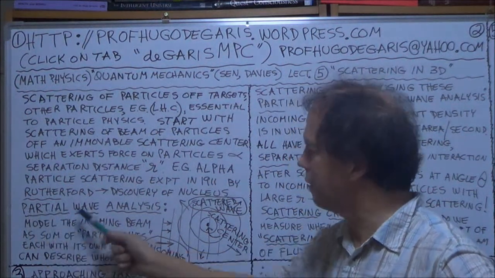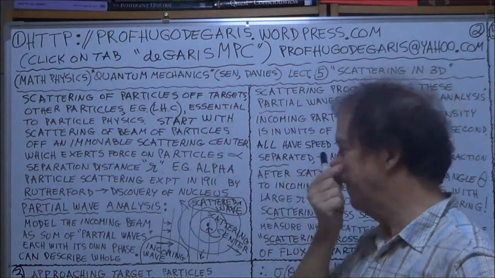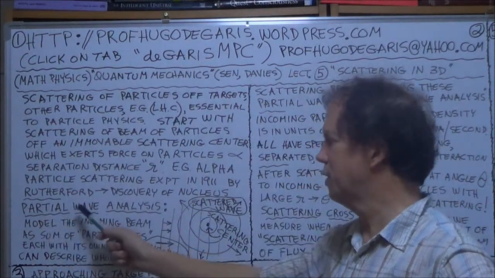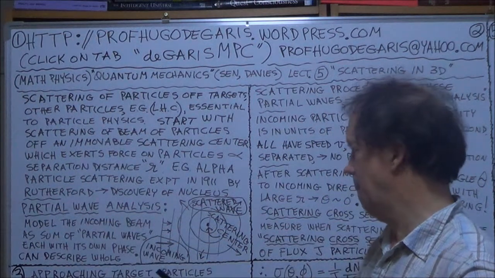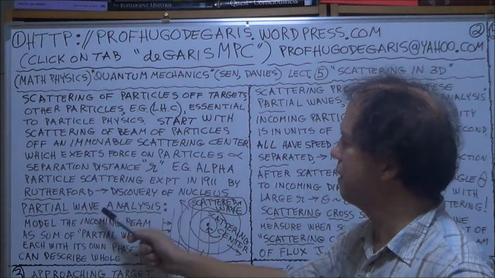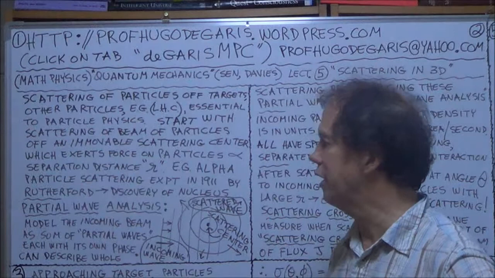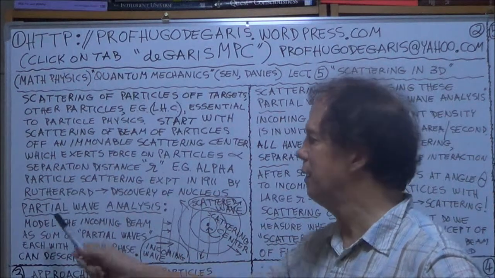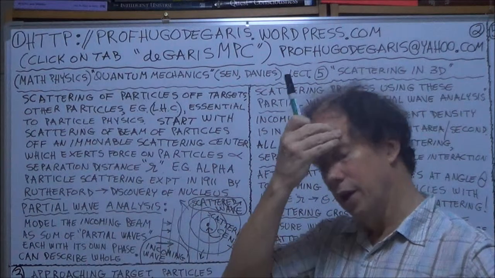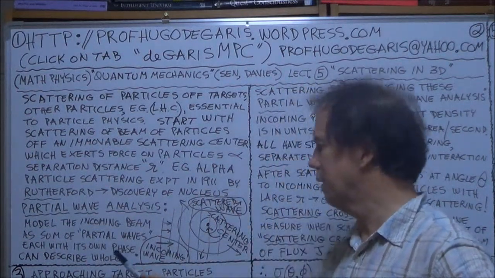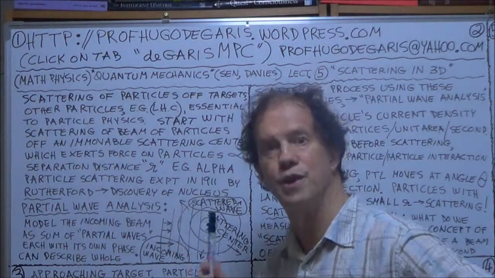Just be aware that an important concept for this chapter is partial wave analysis, and using this technique, we can describe pretty well the whole of scattering theory. Bit by bit, this concept of the partial wave will become clearer, but I can't give it to you at the moment because we need a few more stepping stones.